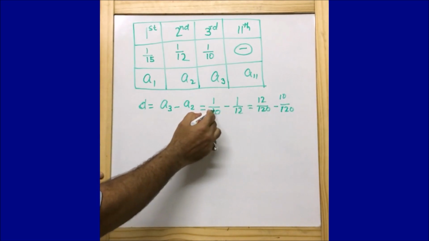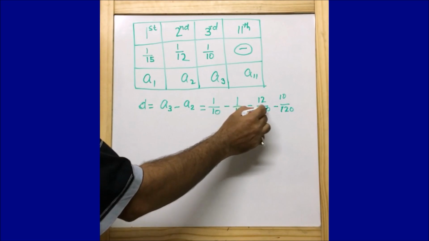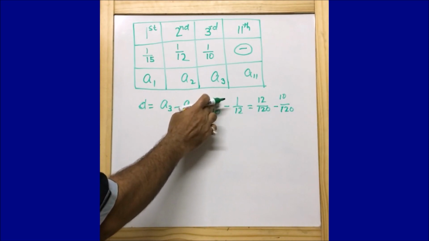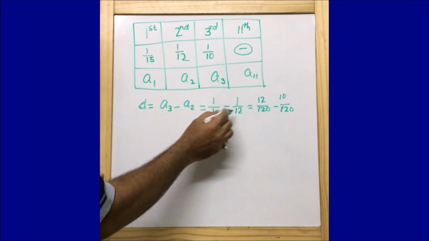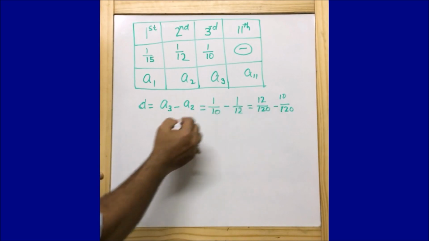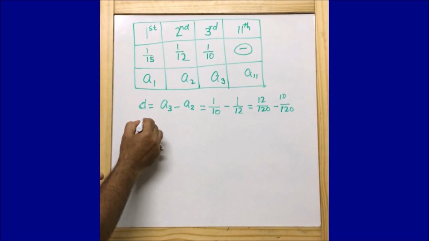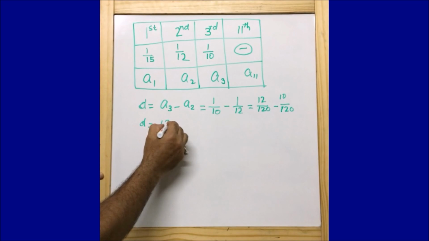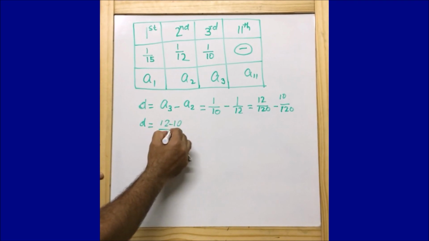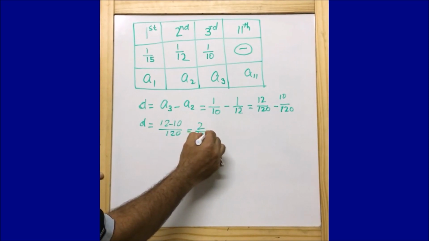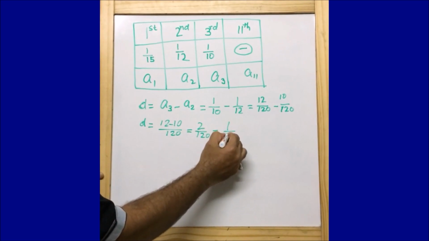What I did here, in order to equalize the denominators: I multiplied the numerator and denominator of 1/10 by 12, so I got 12/120. For 1/12, I multiplied the numerator and denominator by 10, so I got 10/120. Now D is equal to (12 minus 10)/120, which is 2/120, which is 1/60.